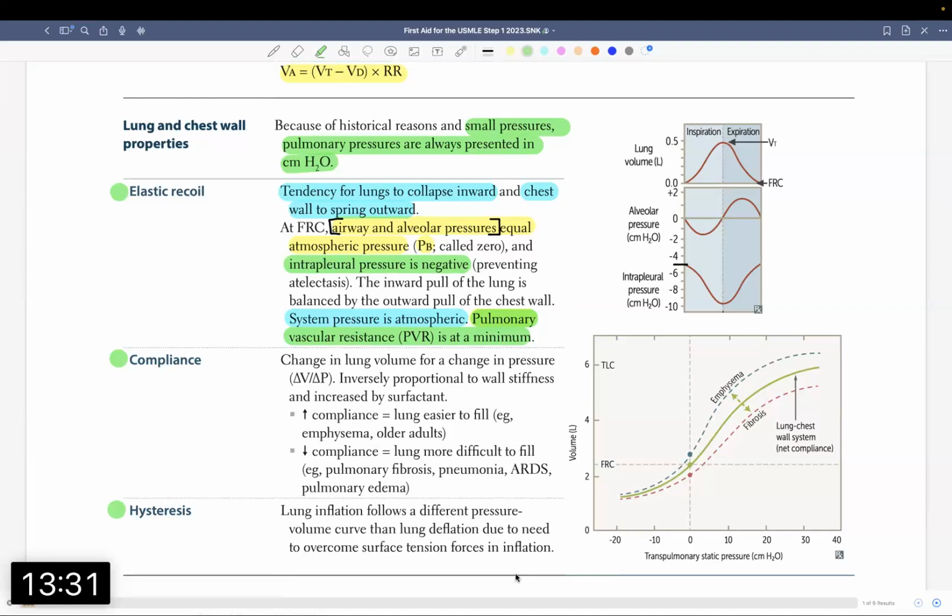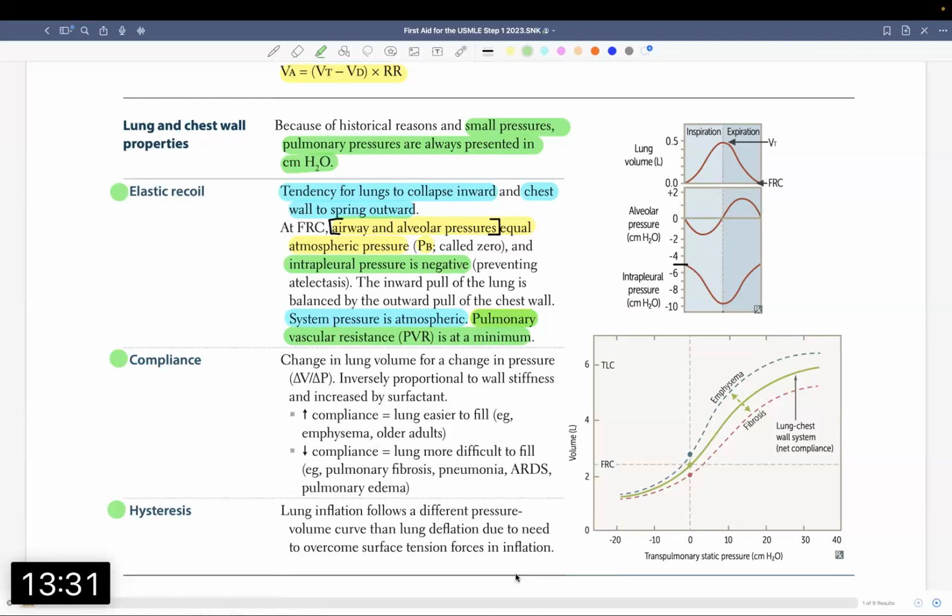During expiration, it's going to be -5 because we are pushing the air out, right? -8 on maximum inspiration. -8 or -10? -8. Okay, -8 on maximum inspiration, and then on expiration, it's going to be -5, right?